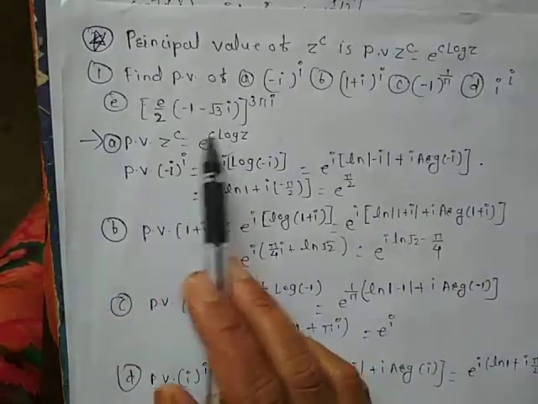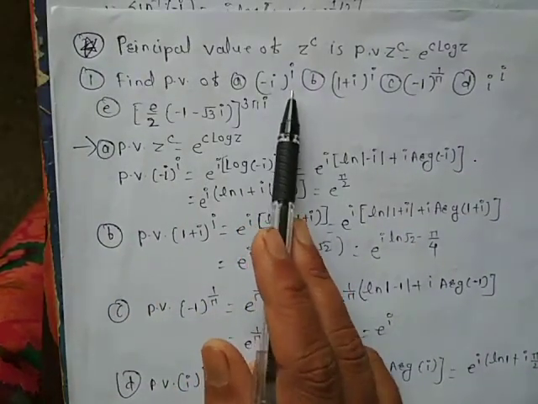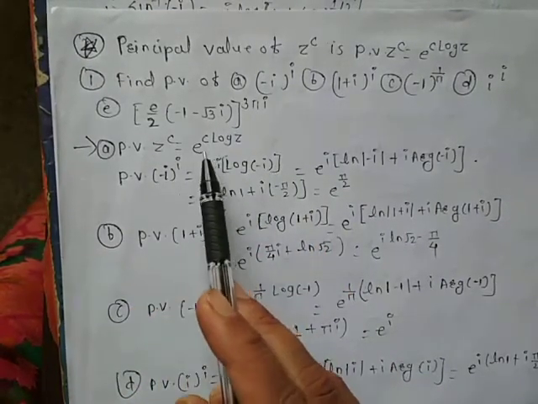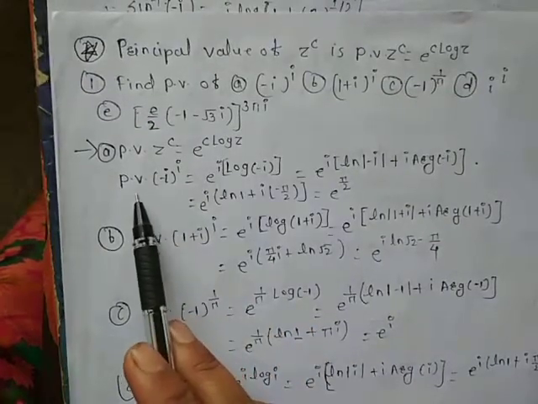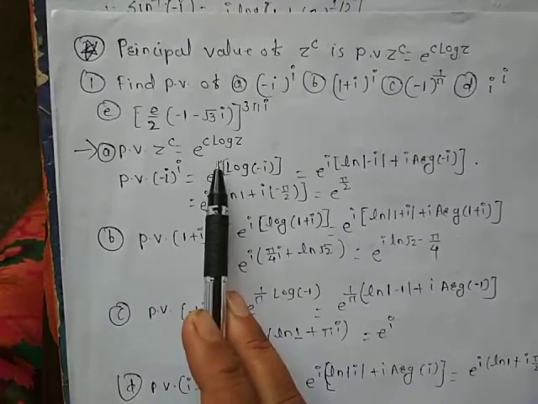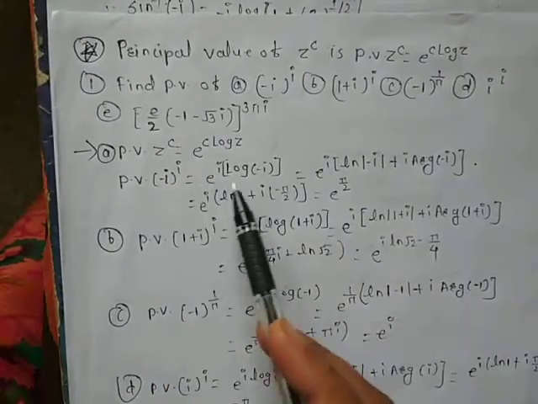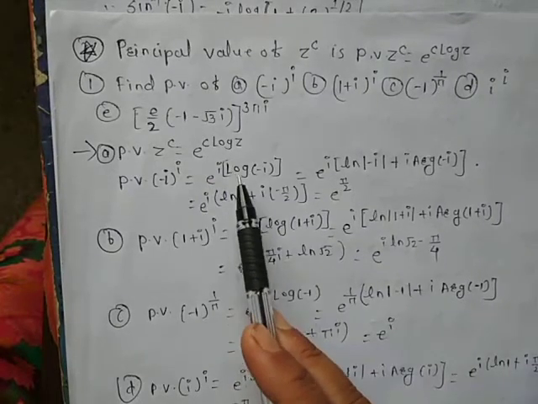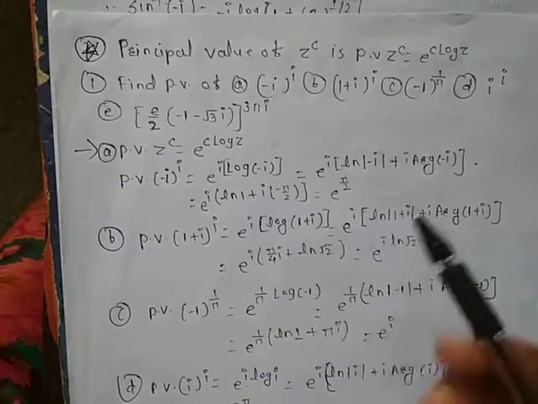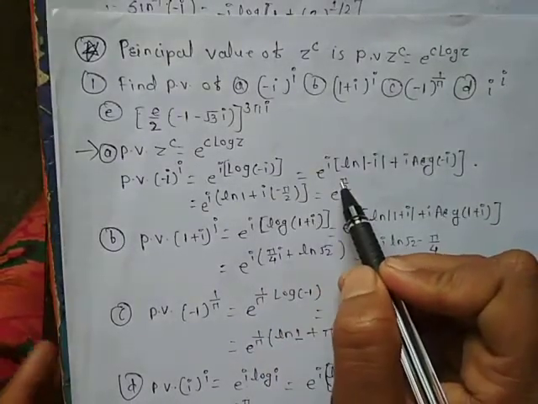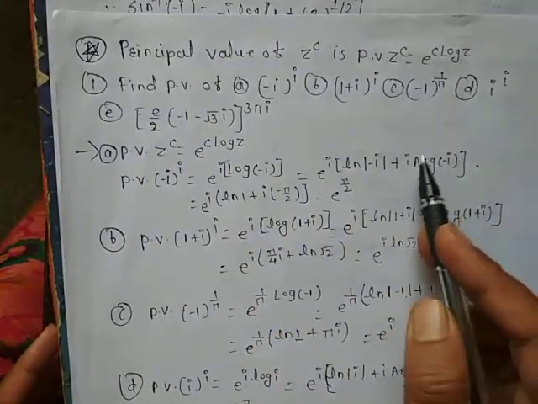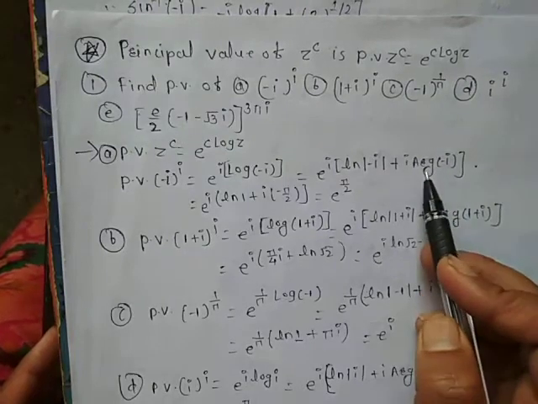First we will find the principal value of minus i raised to i. Principal value of z raised to c is equal to e raised to c log z. Here c is i and z is minus i. So this can be written as e raised to i log of minus i. For the principal value we consider the principal value of the argument of z.